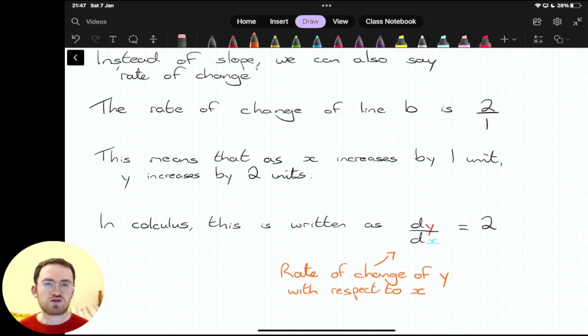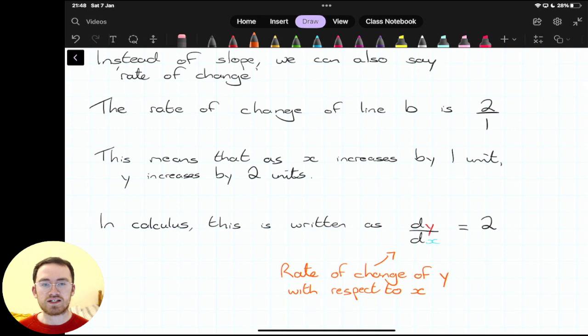What we might need to remember here is that when we draw our lines, those y values are usually dependent on the x values. We use the x values in order to calculate our y values. So when we're saying rate of change of y with respect to x, it's coming back to that idea that the y values depend on the x values.